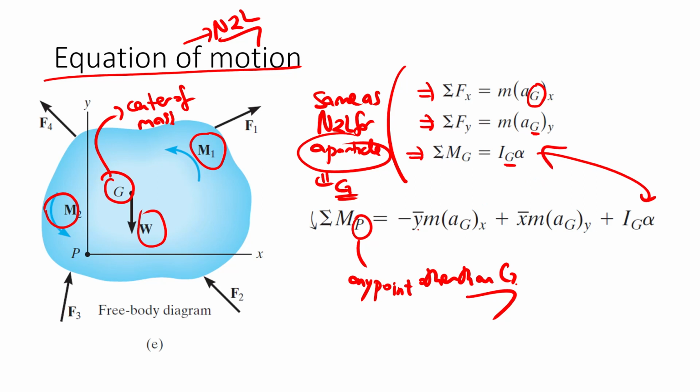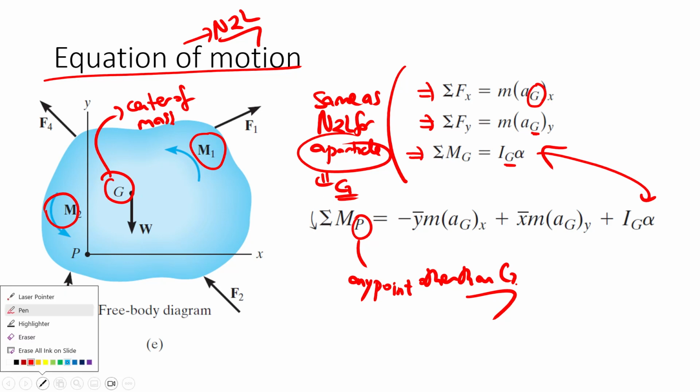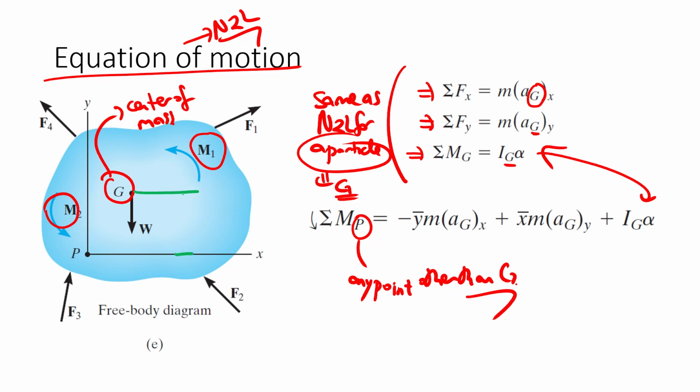Okay, y bar, that will be the distance from here to that position, G. That's the y bar. And then x bar is the distance from here to there. And then the mass times acceleration, and then this final formula.